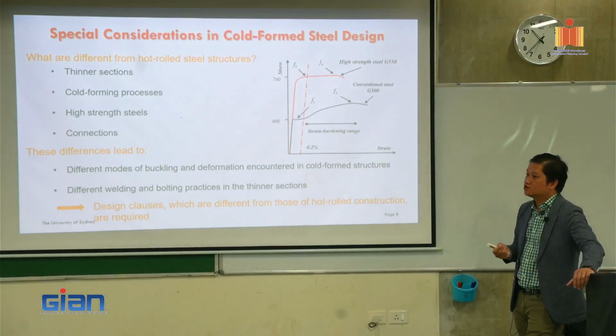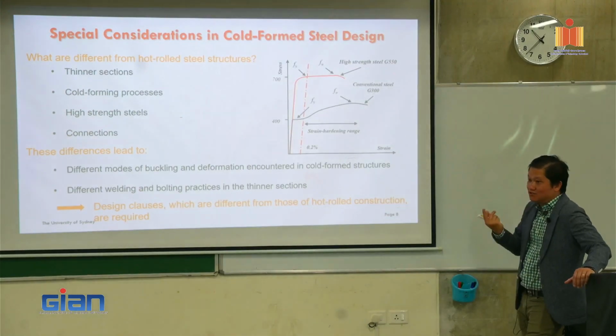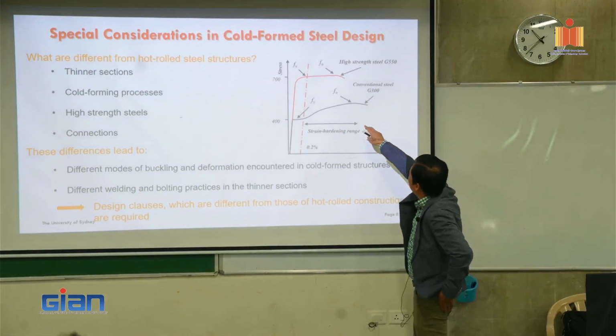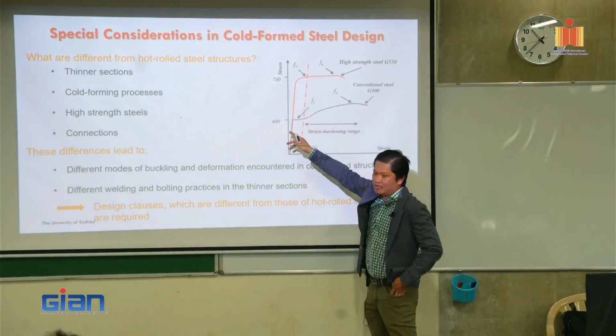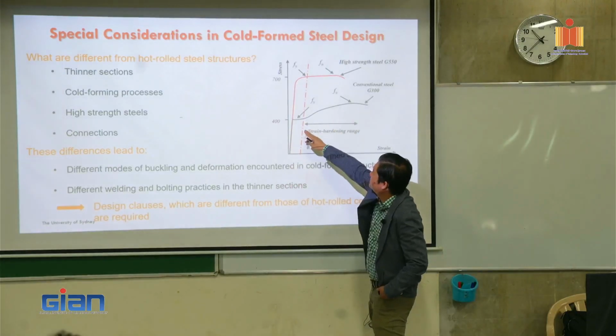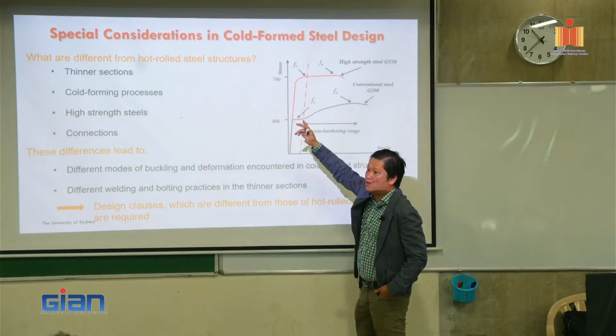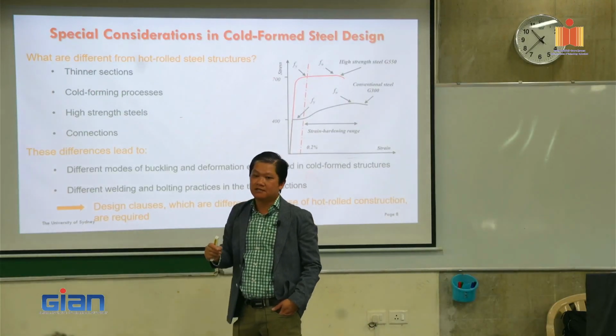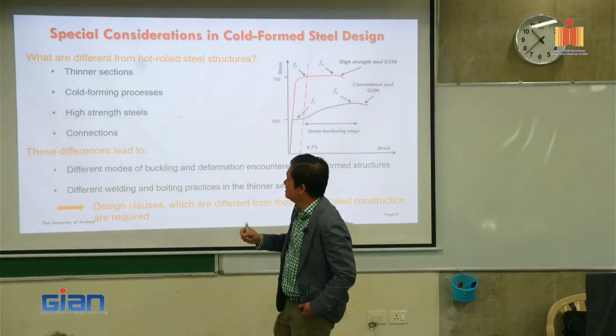Stress and strain? Okay, the ultimate? Yes. So this one to that one is about 1.3, roughly 1.3. This one to this one is about 1.05. So very close, FU and FY.